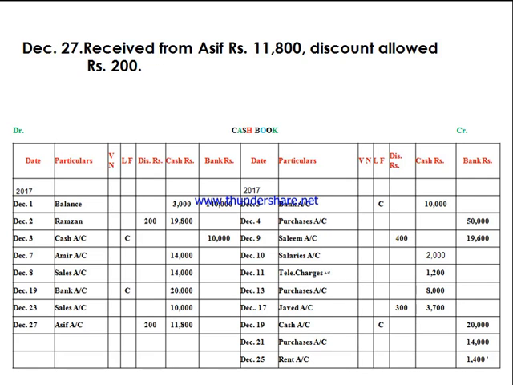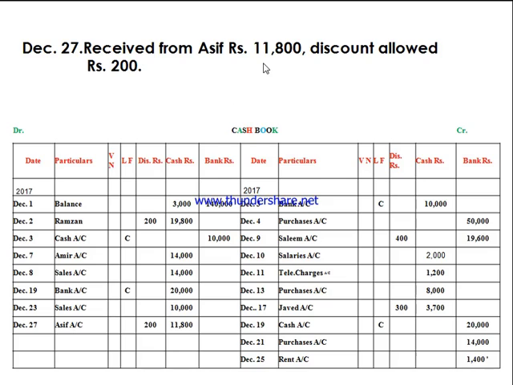Next transaction is of December 27: received from Asif rupees 11,800, discount allowed rupees 200. This is just a receipt transaction, therefore we will record it on the receipt side or the debit side or the left hand side of the cash book.